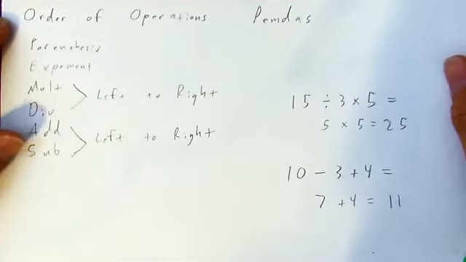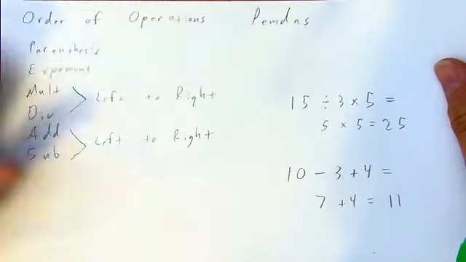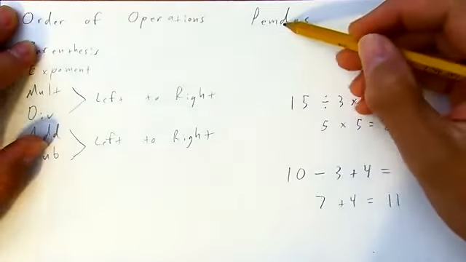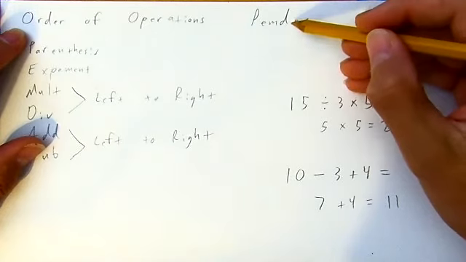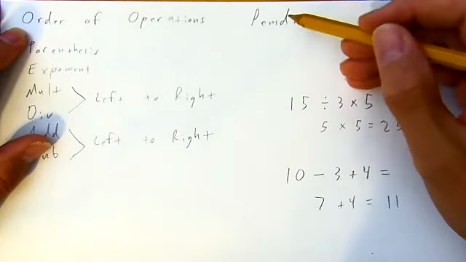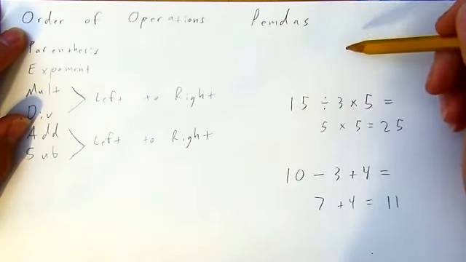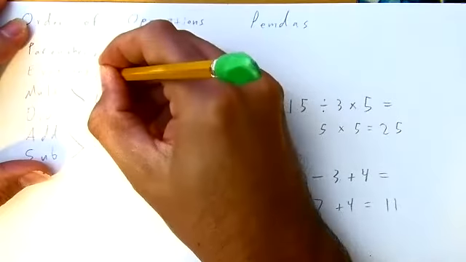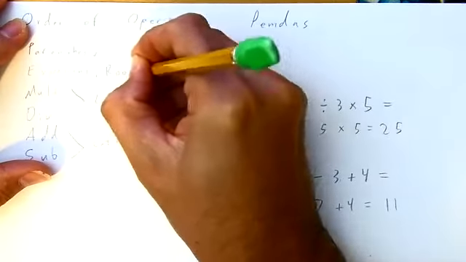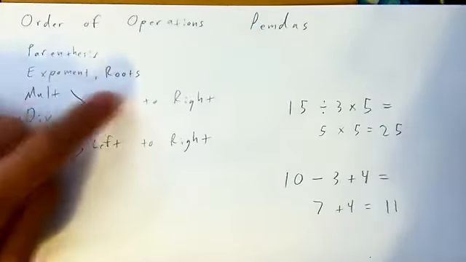Now there's something else up here that people don't tell you, and I've heard it called PERMDAS, but for some reason everybody that I talk to always learns it PEMDAS. So PERMDAS adds an R after the E, and the reason why they do that is because they include roots in there. So it's actually exponents and roots.